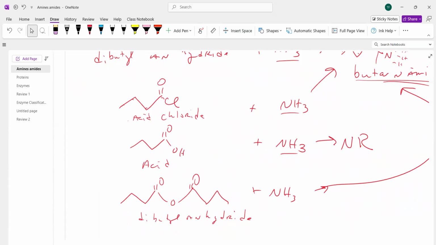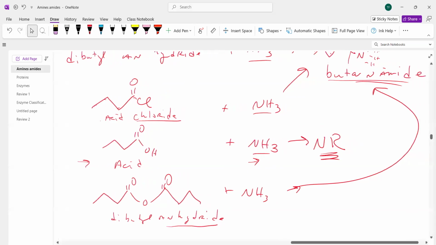The slowest way of making an ester is using the original acid plus the alcohol. When we use ammonia instead of the alcohol, the yield is so low, it's considered no yield or no reaction at all. That forces us to use the anhydride or the acid chloride to make the amide.